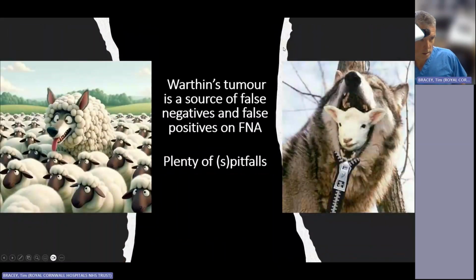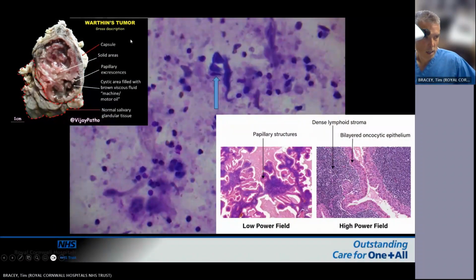So Warthin's tumor is a source of false negatives and false positives on FNA, so plenty of pitfalls. So we've got a wolf in sheep's clothing and a sheep in wolf's clothing. So it can be either. Your specimen typically has a capsule, and then it looks like a partly cystic lesion.